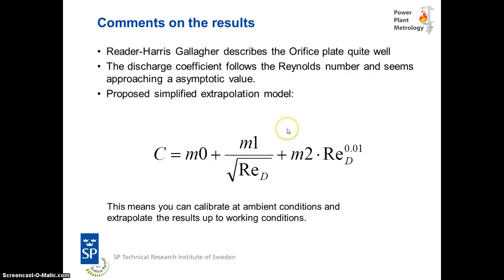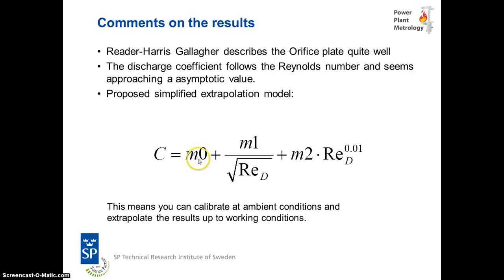So the conclusion is that our orifice plate is described quite well by the Reader-Harris-Gallagher equation, and our orifice plate is in agreement with the standard. And the good thing is that the discharge coefficient actually follows the Reynolds numbers. So we propose an extrapolation model that simplifies the Reader-Harris-Gallagher equation and only depends on the Reynolds numbers.